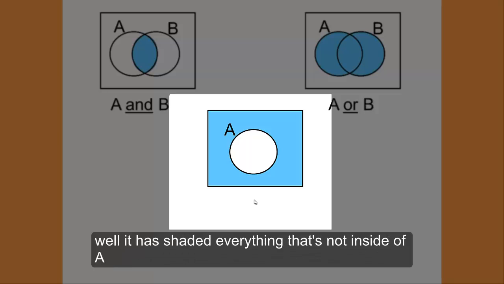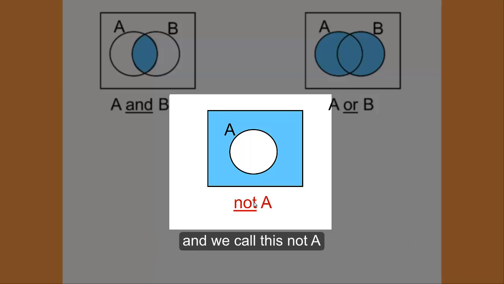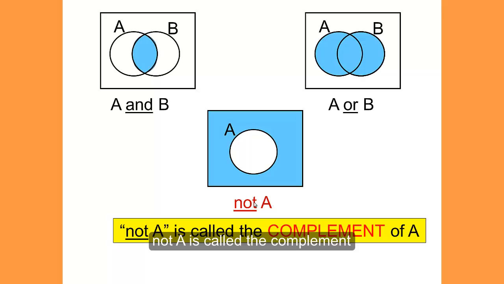Well, it shaded everything that's not inside of A, and we call this not A. Not A is called the complement of A.